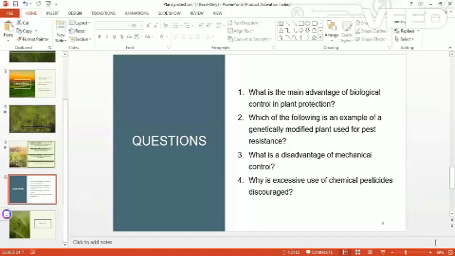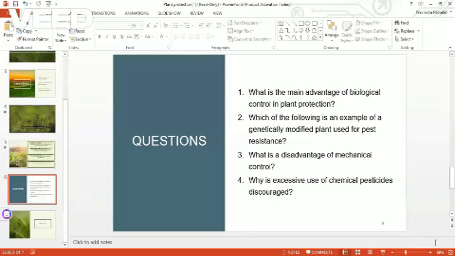Number 3, what is a disadvantage of mechanical control? Miss, I think a disadvantage of mechanical control is that it can be very labor intensive and very time consuming. Yes, very good.